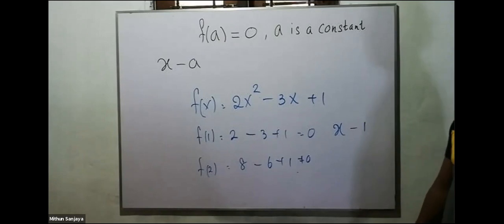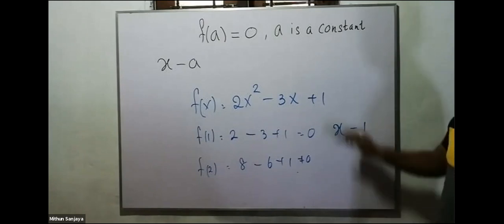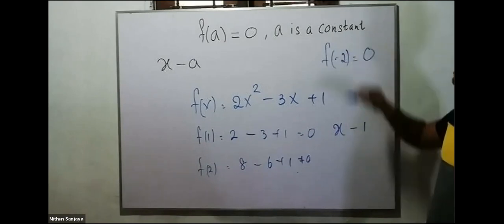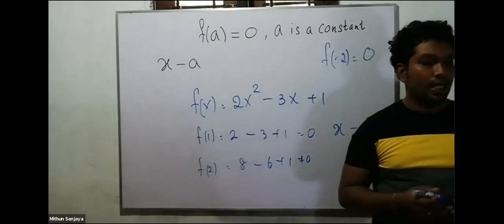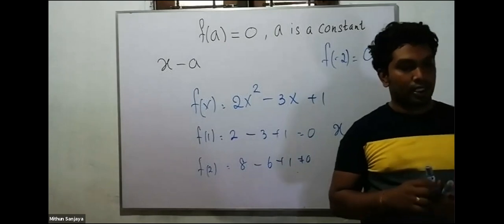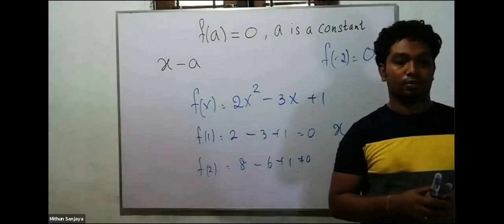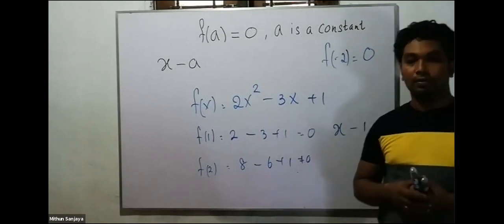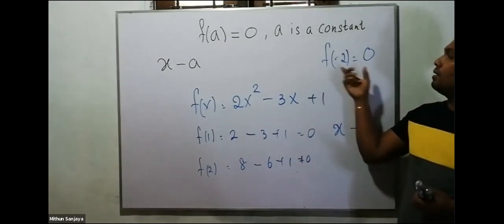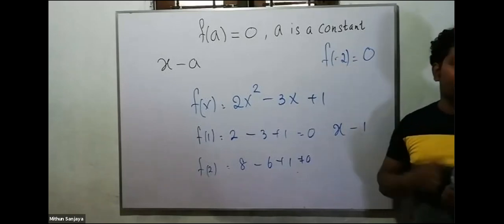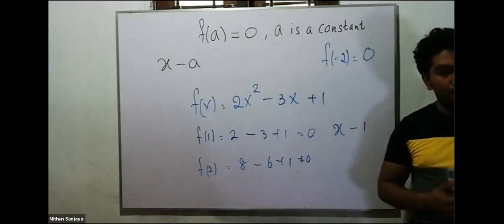Then if we have f(minus 2) equals 0 in some function, then what is the factor? Tell me. If we have taken some function, then f(minus 2) equals 0, what is the factor?